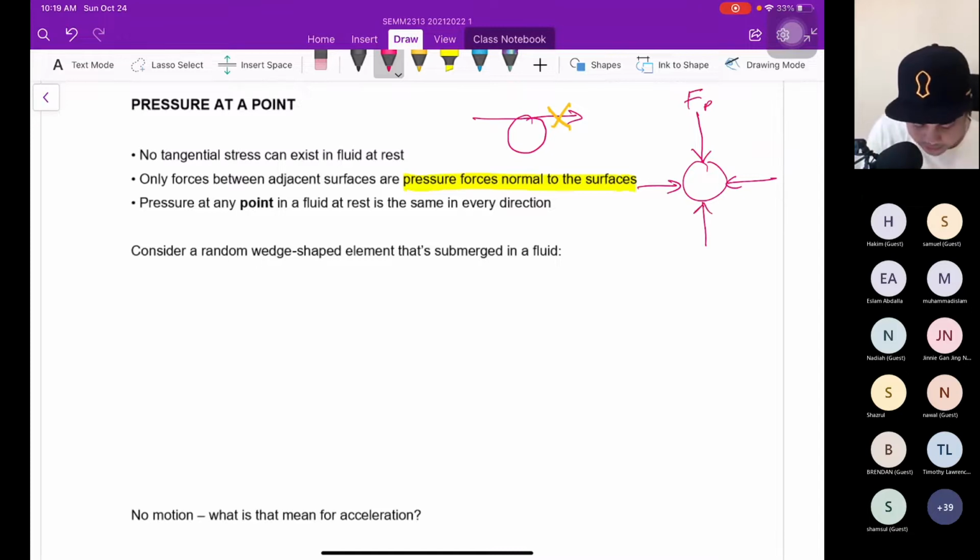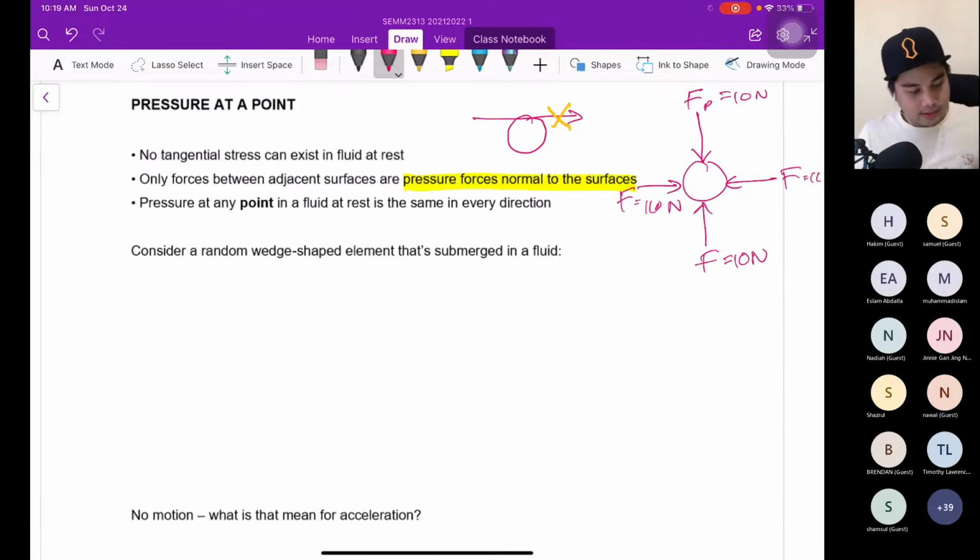So pressure at any point in the fluid at rest is the same in every direction. That means the forces here have the same magnitude. For example, this is 10 Newton, 10 Newton, 10 Newton, and 10 Newton. Consider a random wedge shaped element submerged in the fluid.